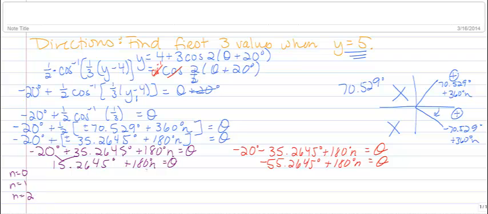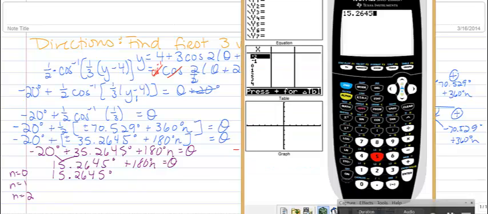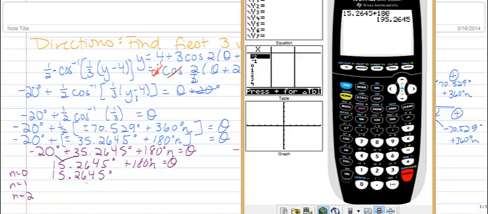So if n is 0, we don't even have to add this 180n, so we just get 15.2645 degrees. Okay, if n is 1, again, this is all just calculator, plug it in. This one isn't too bad. You can do it in your head, but I just want to make sure I show you guys the steps.